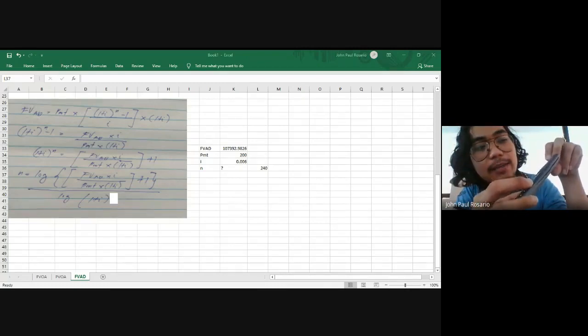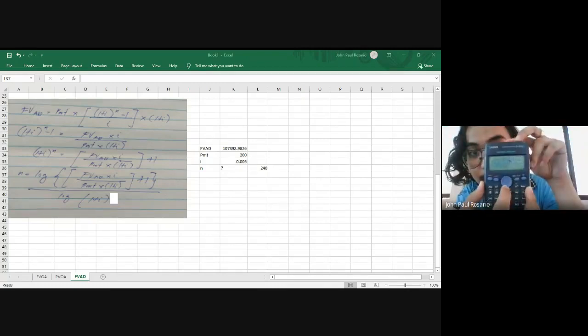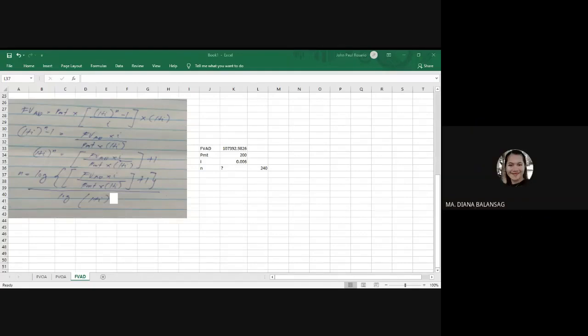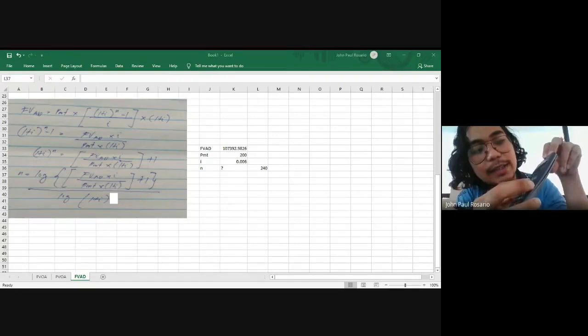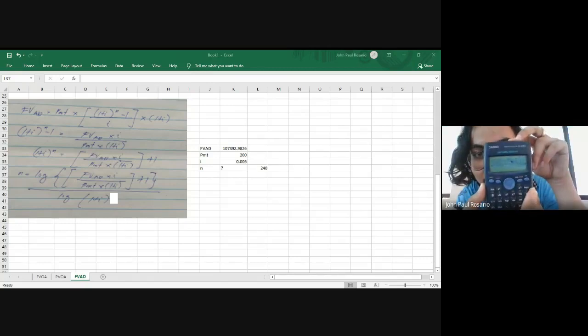Then over log of 1 plus 0.006, or 1 plus 0.072 divided by 12.